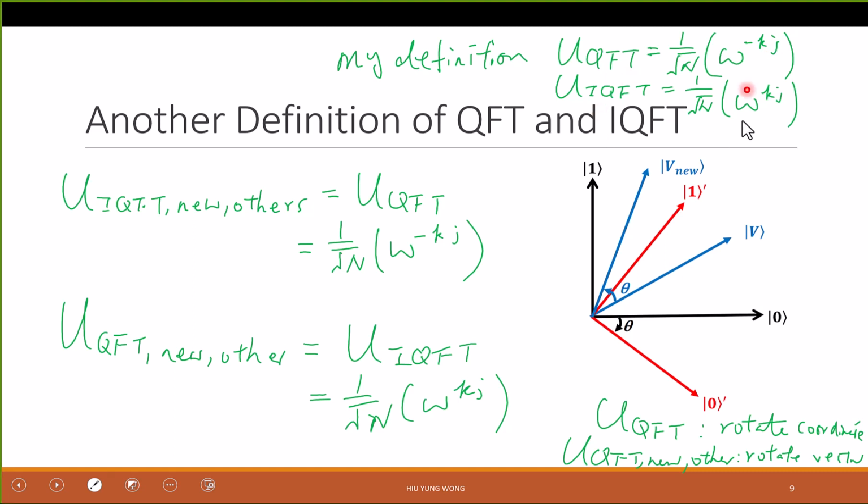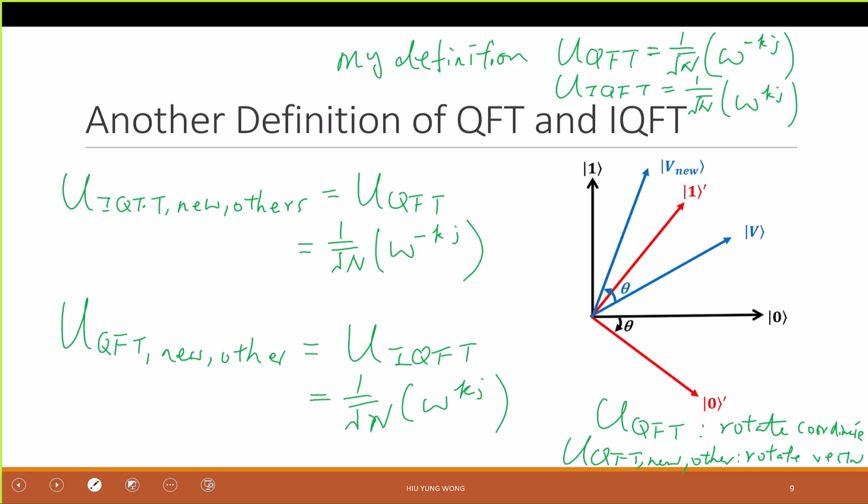But people use the negative version as the inverse quantum Fourier transform, and the positive version as the quantum Fourier transform, because it defines how it rotates the basis vector. Remember, I've been saying that all the gates are based on the definition of how it rotates the vector. So this is more consistent with the traditional definition of what a gate is. Okay, so that's all I want to say.